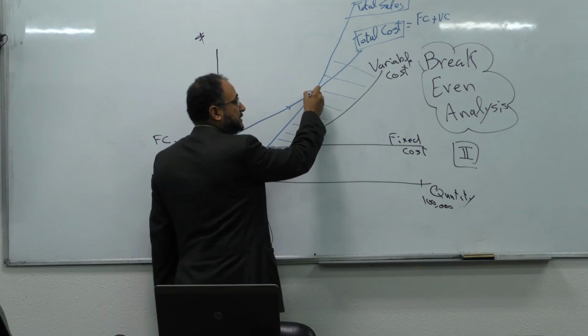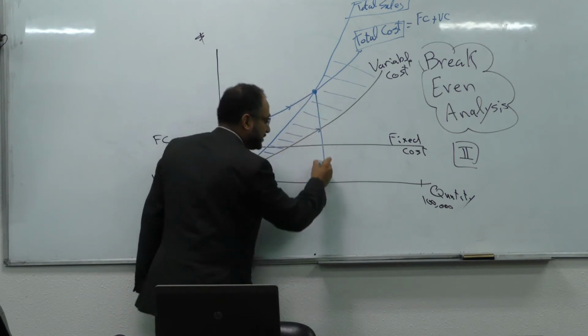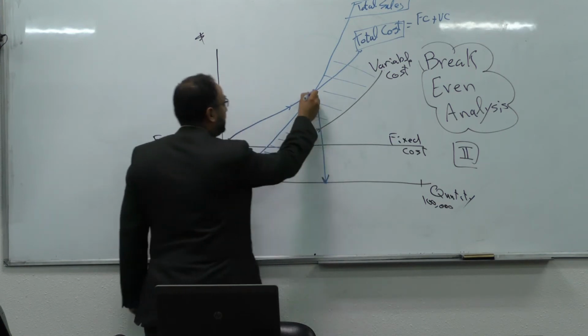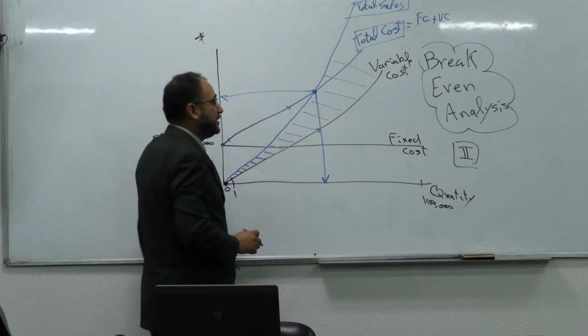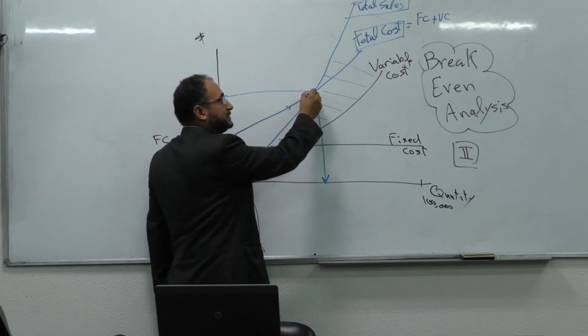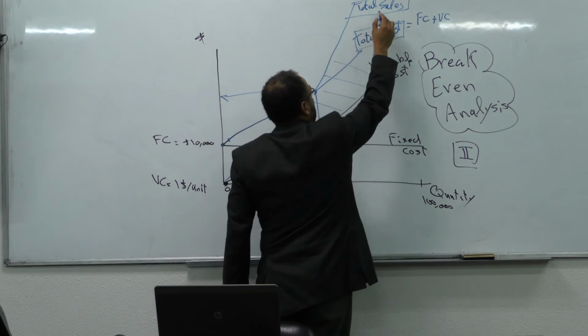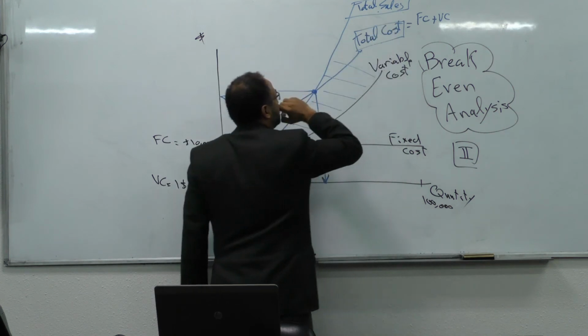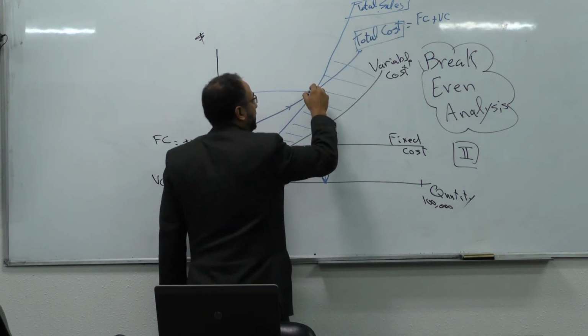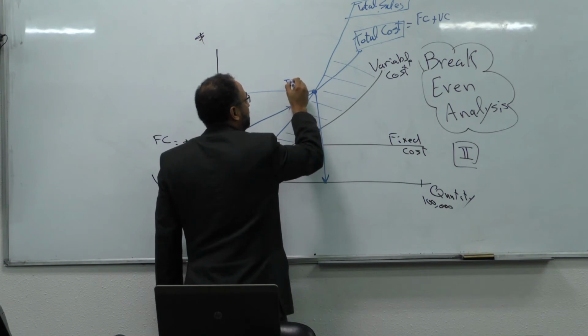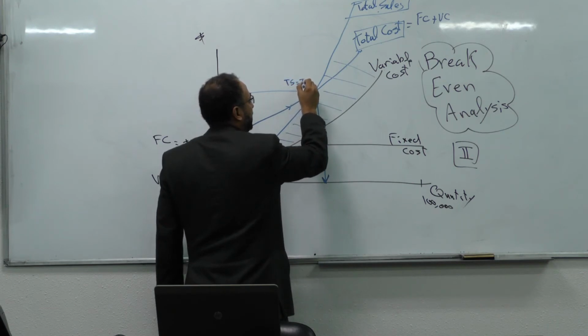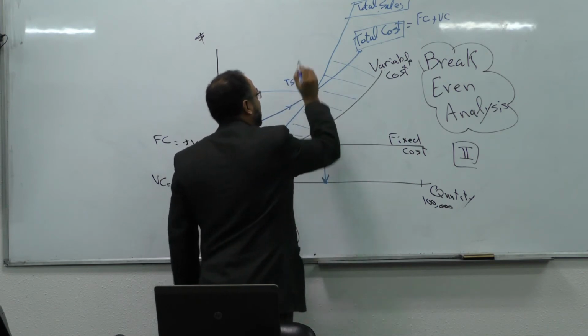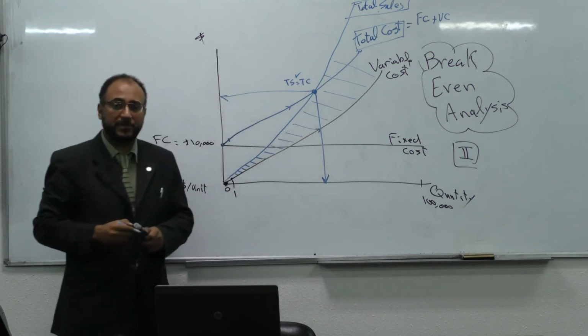This point talks about two lines, this one and that one. This point means that the total cost equals the total sales. So this is the perfect location for having the break-even.